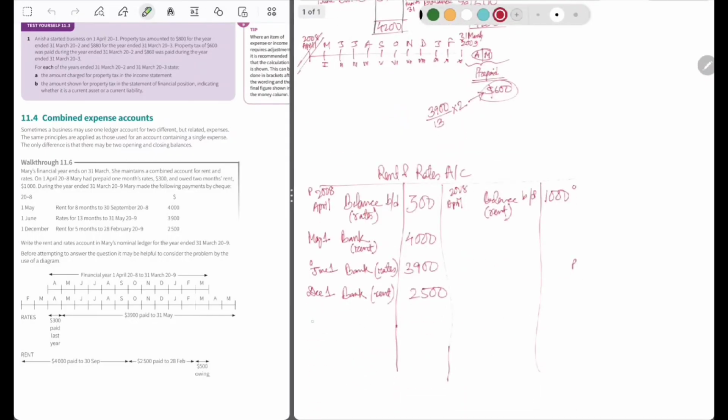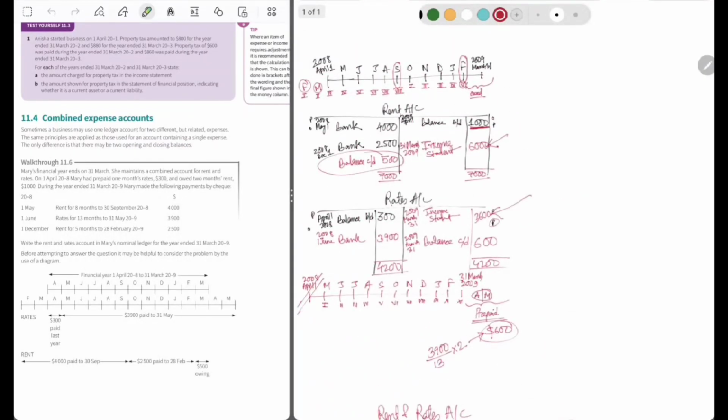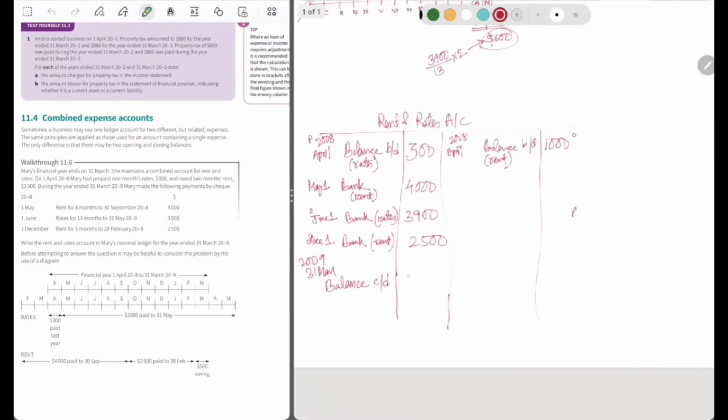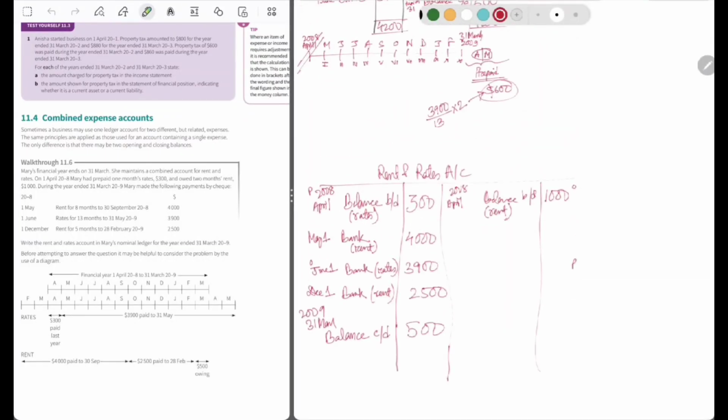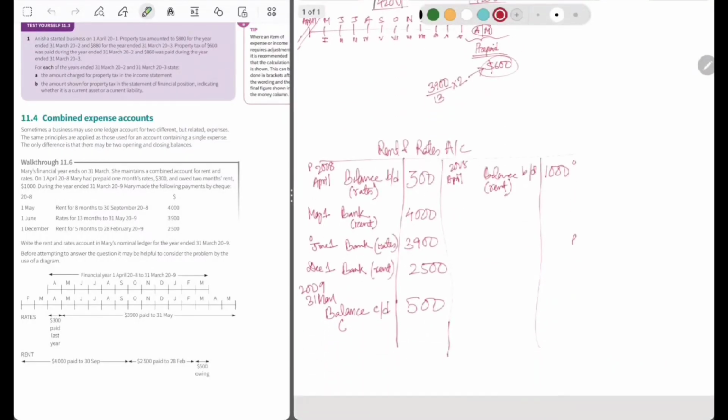Yes, so on 31st of March 2009 we will have an owing balance. This is our balance c/d. What is the amount of this balance? The amount of this balance is $500. Yes, $500. And how did it come? It appeared for rent or rates? It had appeared for rent.